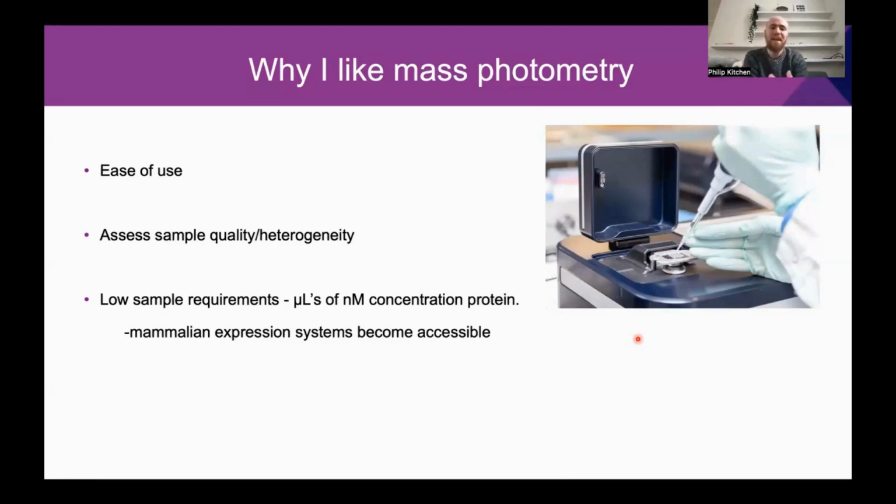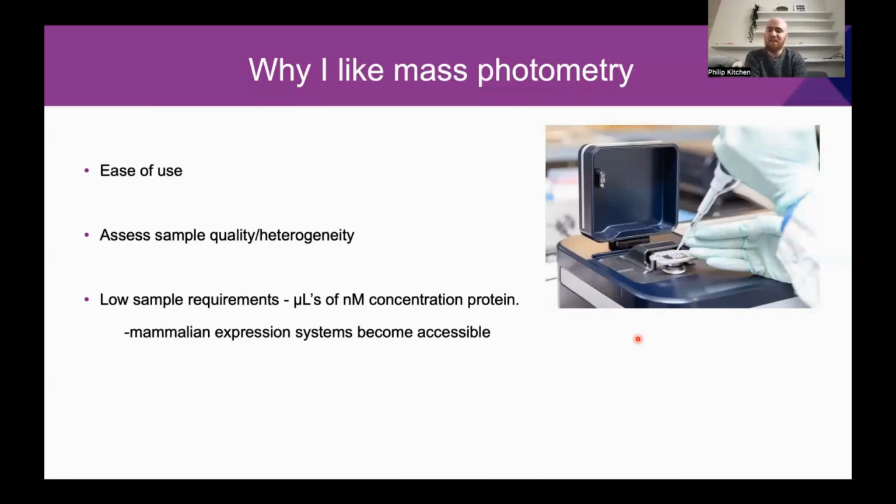Another key benefit is the low sample requirements. Typically you're using a few microliters of protein at nanomolar concentrations. That's great for us because one of the things we're interested in is comparing how our proteins behave when they're expressed in a microbial system versus when expressed in a mammalian system, a more native system for the proteins we're interested in.